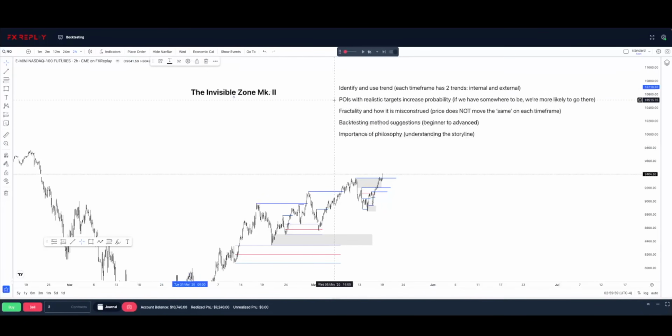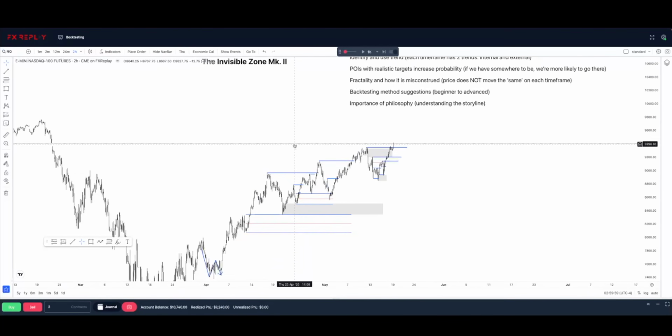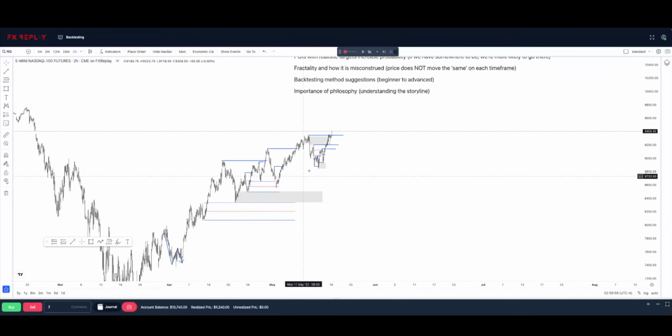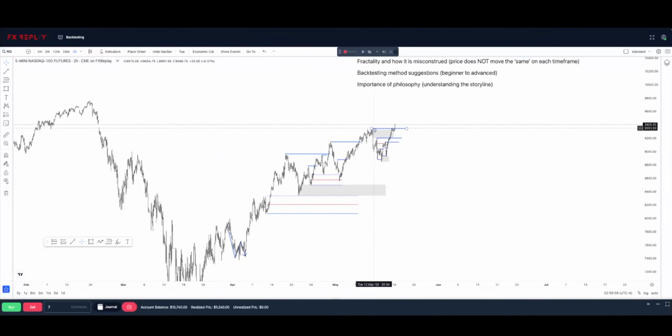Next, I want to talk about the POIs with realistic targets and how they increase probability. So I said, if we have somewhere to be, we're more likely to go there. What I mean, and what I was saying about there not being an invisible zone right here on this side, is that we seem to have higher to go before we think about actually changing trend externally on the 2 hour to the downside, right?